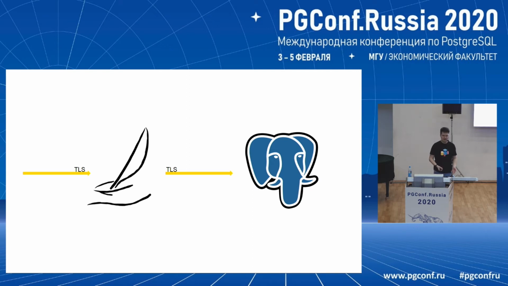Both on the entry and on the exit of Odyssey, we have TLS encryption, and this TLS encryption requires certificates. These certificates can change, and in order for the certificate to be replaceable, Odyssey was rereading this certificate.